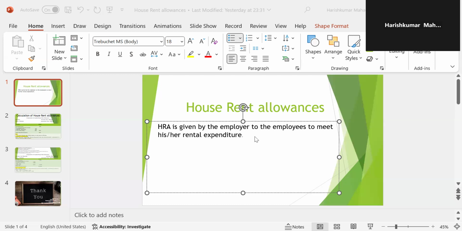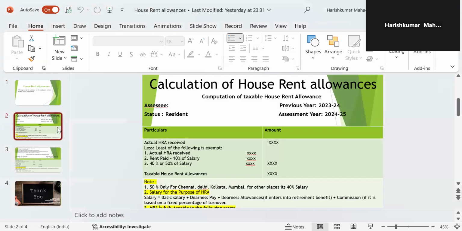Now, I am going to teach how to calculate taxable house rent allowance. See, calculation of house rent allowance. In this, we have to follow this format for calculating taxable house rent allowance. Here, this is the format.